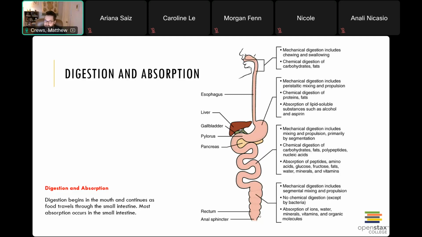So think really small in the large intestine. I know it's counterintuitive, but really, I cannot stress enough: small intestine, large intestine is diameter only. So everything else is reversed. Okay. All right.